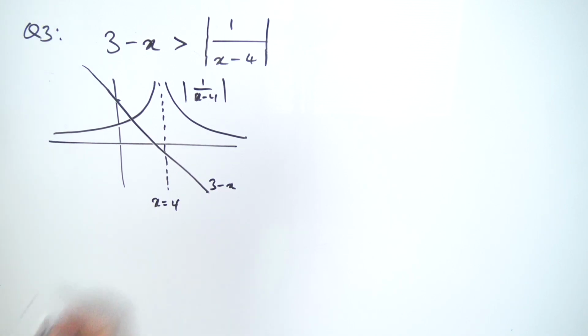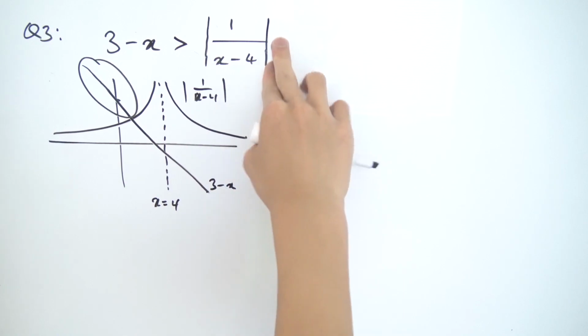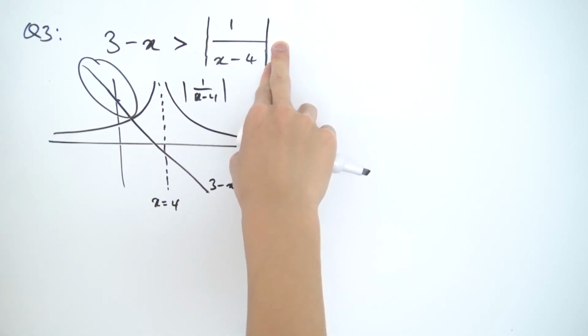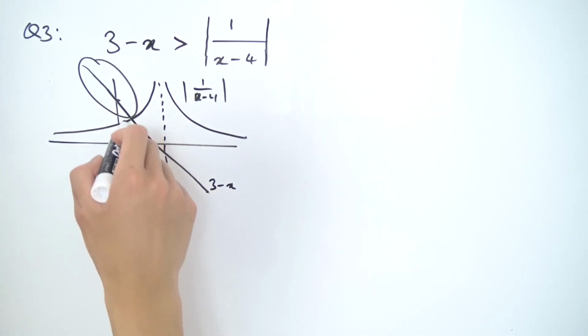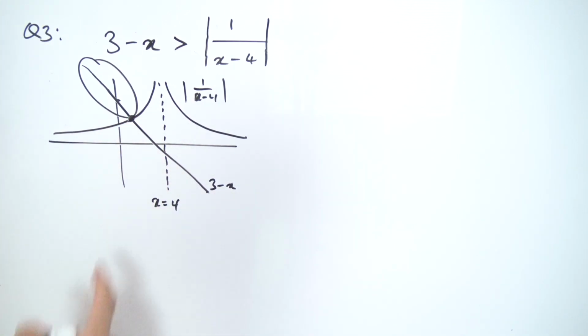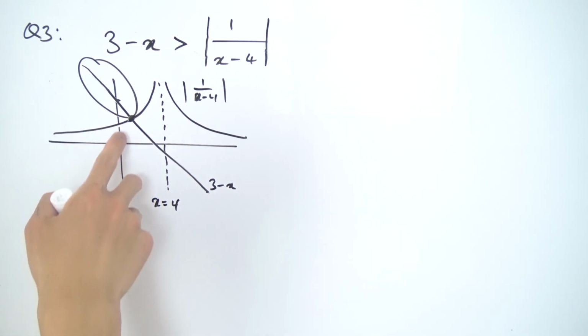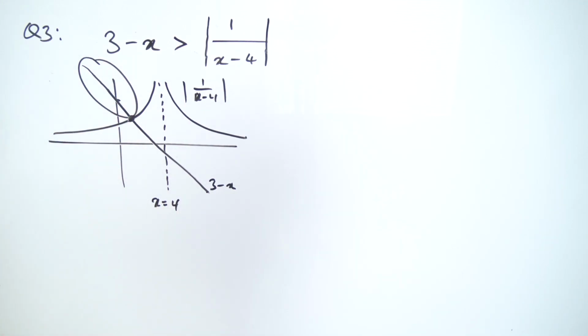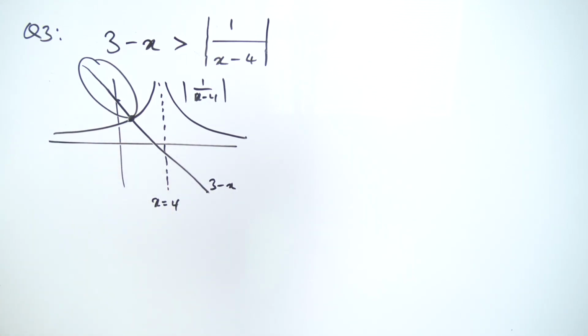And that happens only on this left-hand region, because everywhere to the right, this is always greater than 3 minus x. So we're only concerned about this left-hand region. So we can kind of reduce this question down into finding this point of intersection between the two graphs, because if we can find this, then the interval is pretty easy to state. It's just from minus infinity to whatever this is right here.